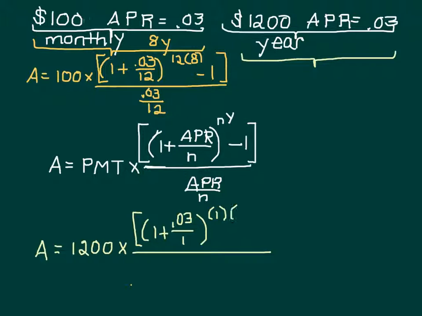N is 1, the number of years is 8, and we subtract 1 from that, so there's our numerator. And in the denominator, we have the interest rate, 0.03, divided by n, the number of deposits per year, and that's 1. So continue these two problems the same way we calculated the problem on the previous slide, and you'll have the amount of money that both Yolanda and Zachary have after 8 years.